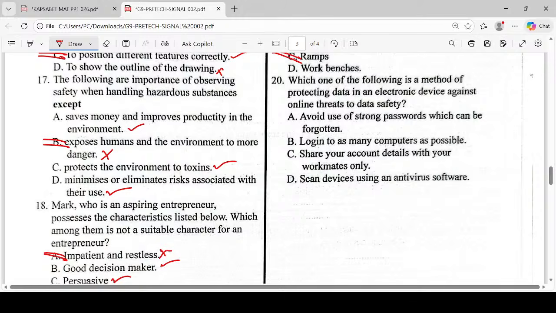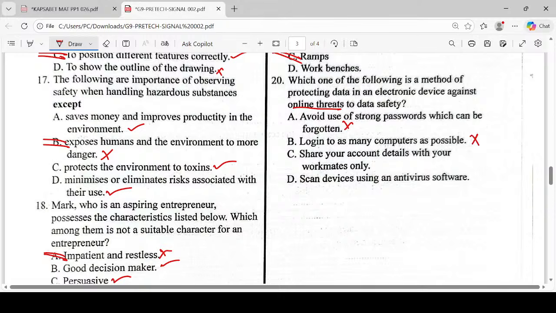Question 20. Which of the following is a method of protecting data in an electronic device against online threats to data safety? A method of protecting data against online threats, not physical threats. A, avoid use of strong passwords which can be forgotten. That's false. Log in to as many computers as possible. This is very dangerous.